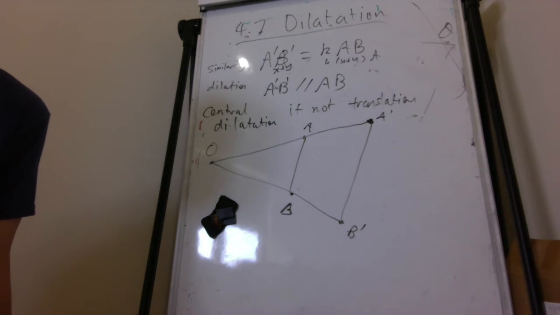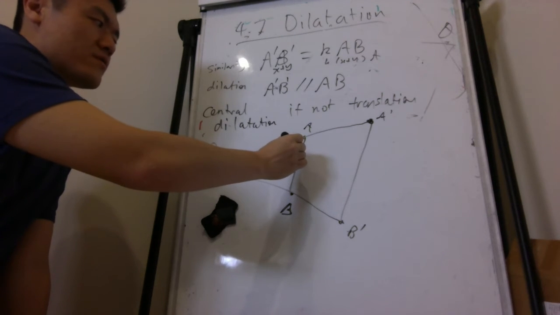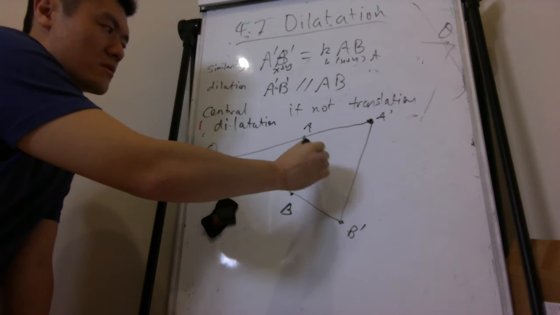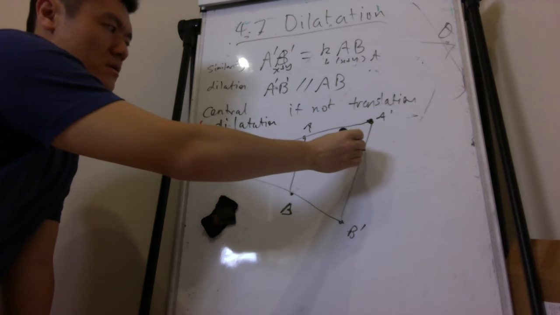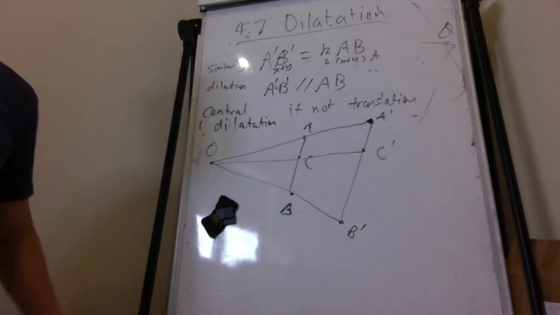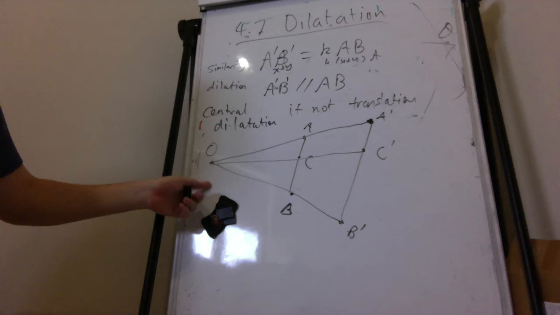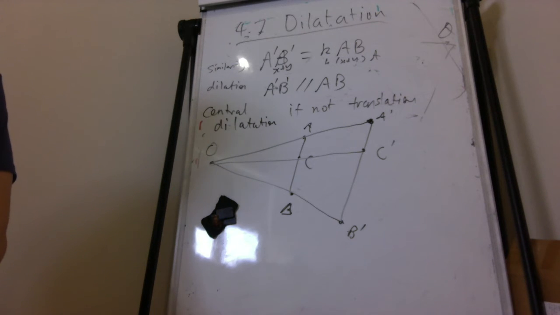Now, that's a good observation. It's not just these two, it's any pairs of points. All the points and their images go to the same point. Does that make sense?